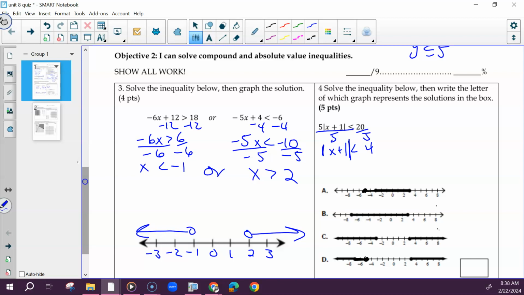So here, if you know it's "and", you can either write it as a condensed case, or you can write it as two separate cases. But if you write it as two separate cases, make sure you change the direction of the sign and make the number negative.